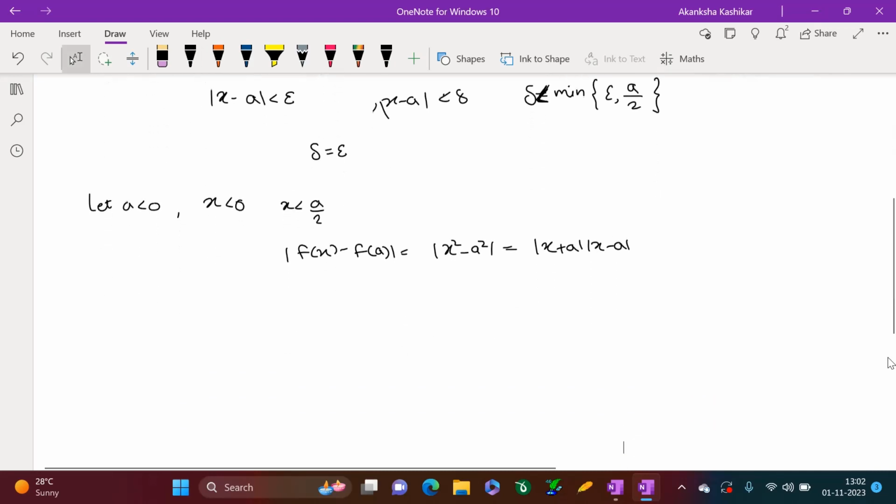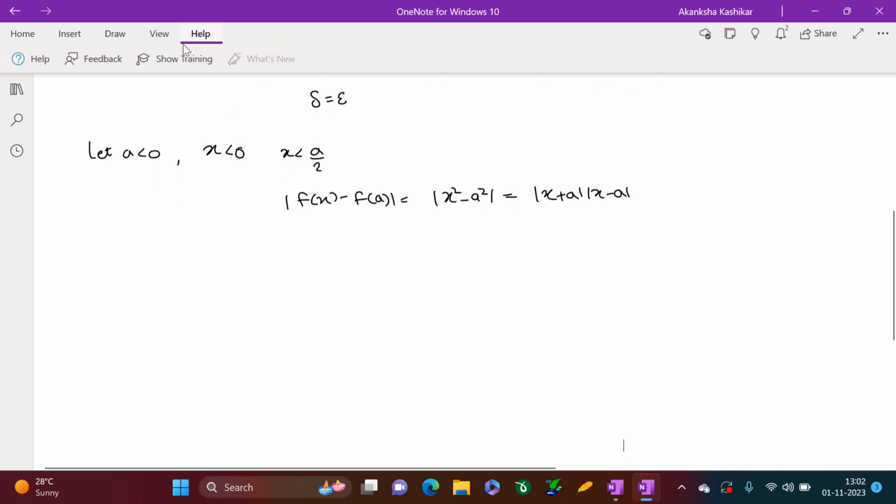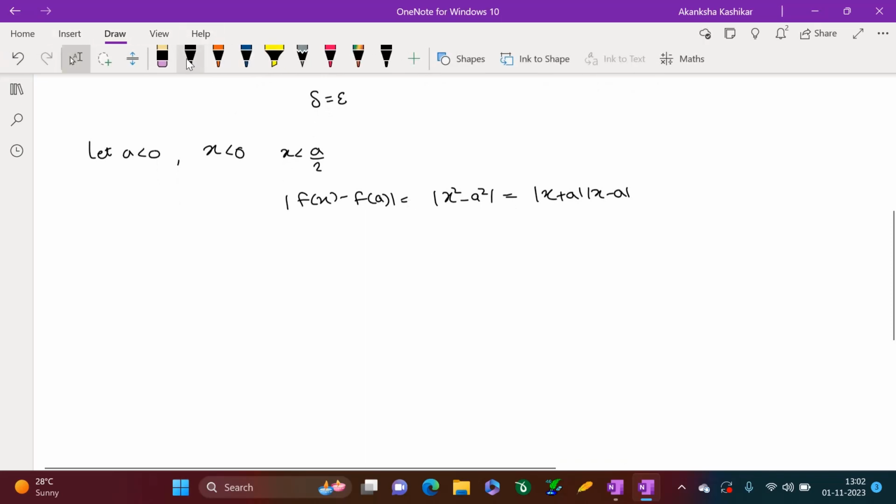Okay, mod of x plus a into x minus a, which now I can write as less than or equal to mod x plus mod a into mod x minus a.